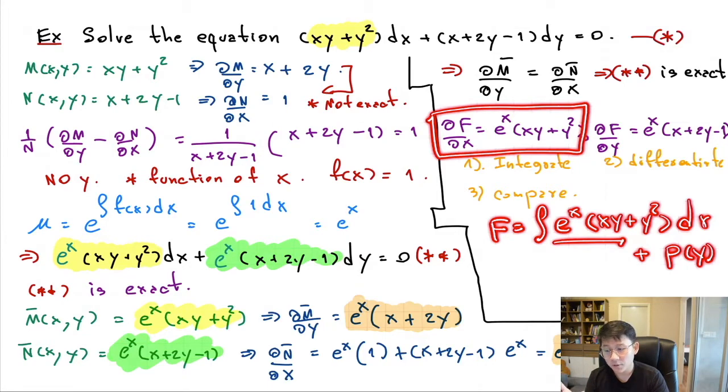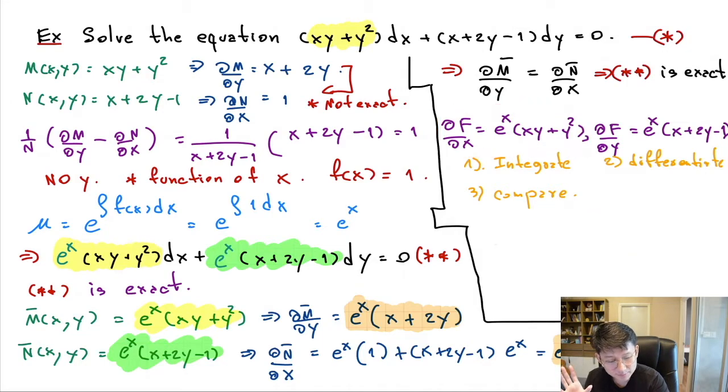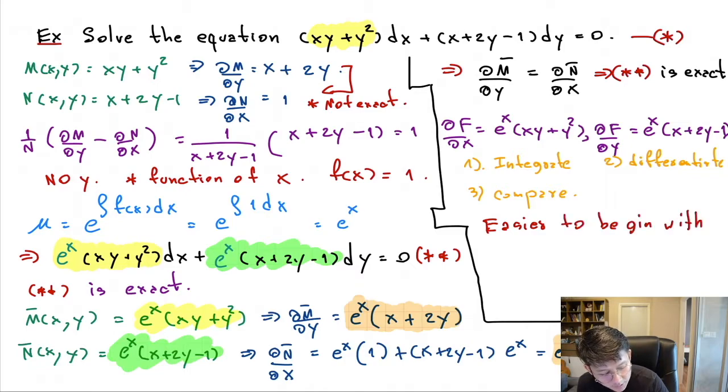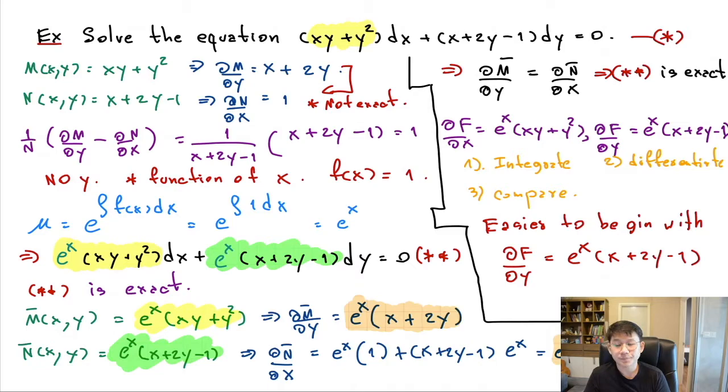So I would say that it is easier to begin with df by dy equals e to the x times x plus 2y minus 1. Why?